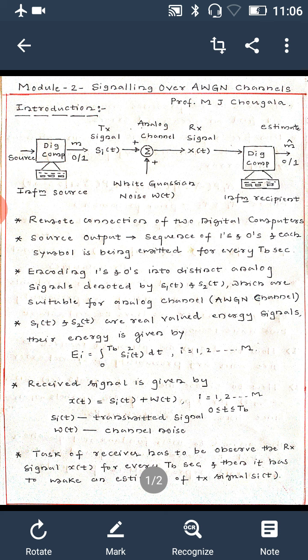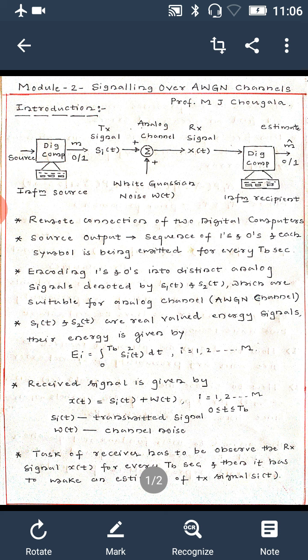Because if you take the example of different colors, each color has different frequencies and intensity, and when you combine all the different colors you get white light.